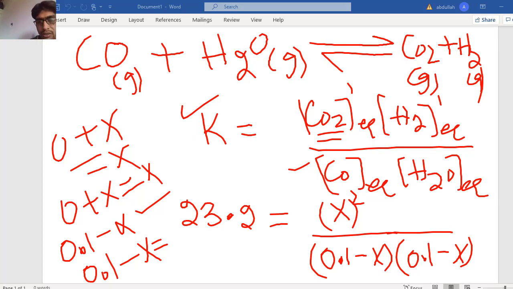Again we can simplify this relation to find the equilibrium concentration of carbon dioxide and hydrogen.